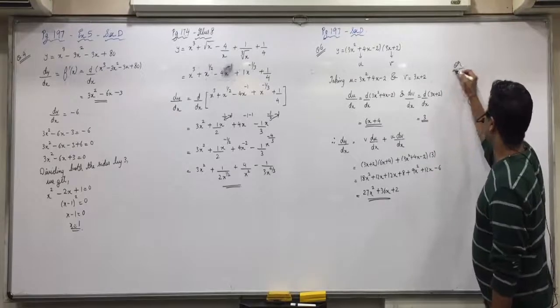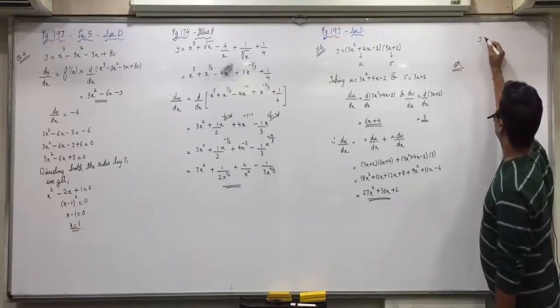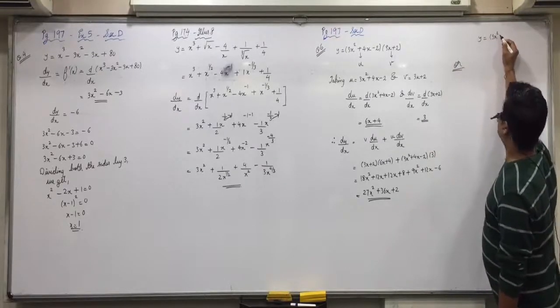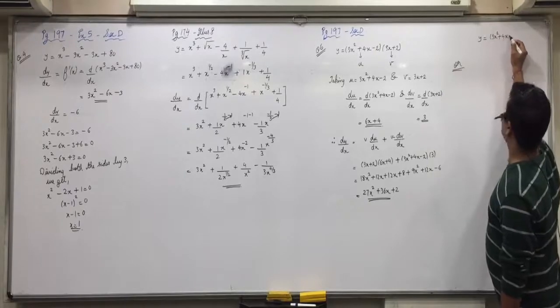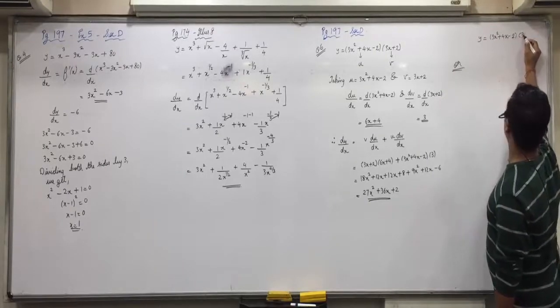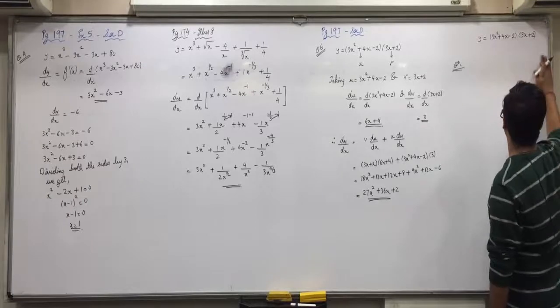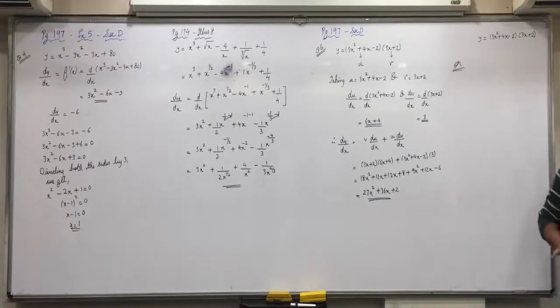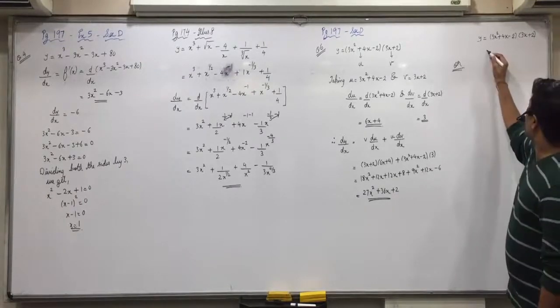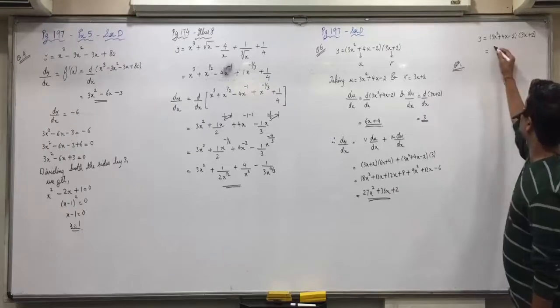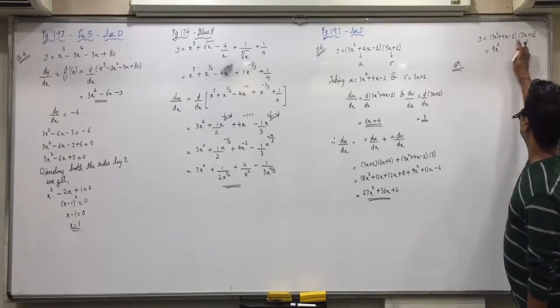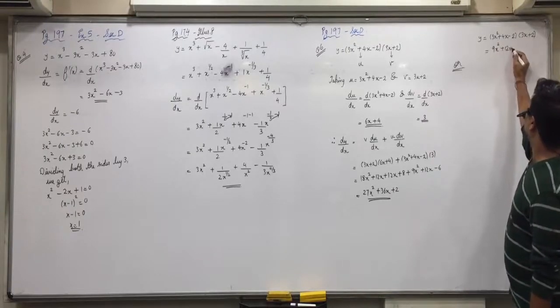This is the textbook method. Now, (3x² + 4x − 2)(3x + 2) without the rule of u into v. 3x² into 3x, 9x³. 4x into 3x, 12x².